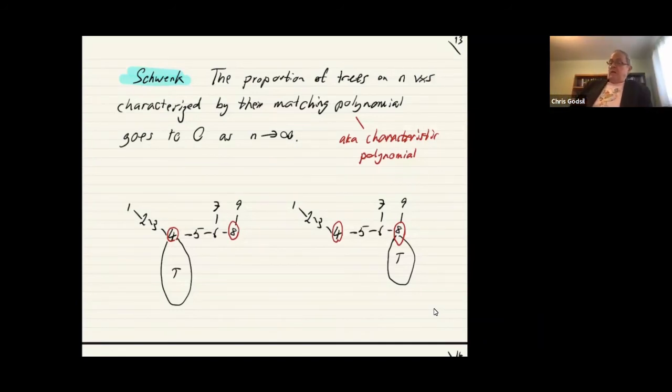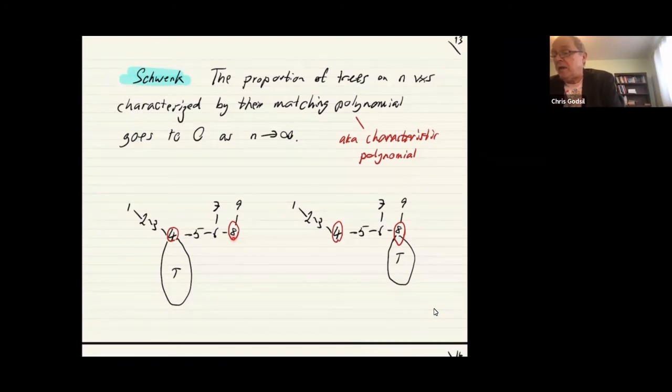On the bottom part here, I've got 2 graphs consisting of a tree on 9 vertices and another tree attached to one of the vertices in that tree. It's a 1-sum, so I'm using the same vertex. It's a 1-sum of a tree attached to either vertex 4 or vertex 8 in the graph.